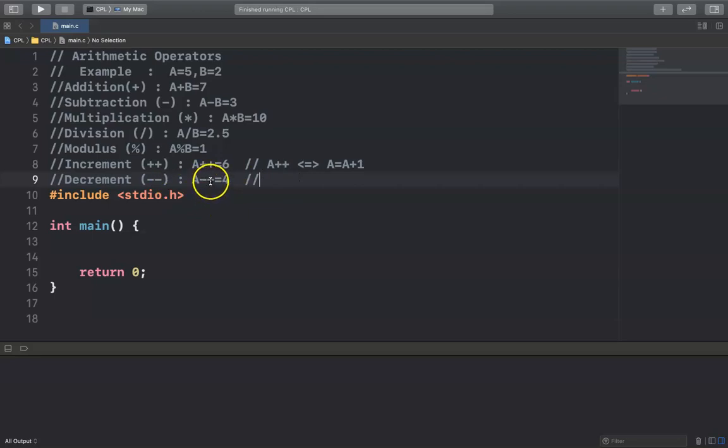Decrement: A minus minus. It means A equal to A minus 1.